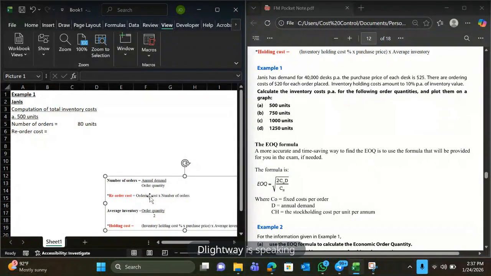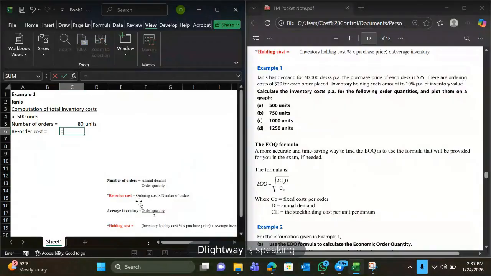So what's our ordering cost per unit from the question? We are doing it together, please. Ordering cost per unit. Don't forget, the question says there are ordering costs of $20 for each order placed. It's going to be $20 multiplied by the number of orders. We already know it's 80.